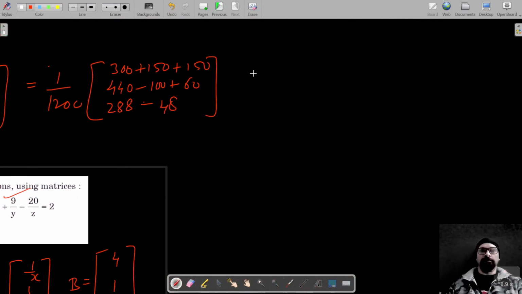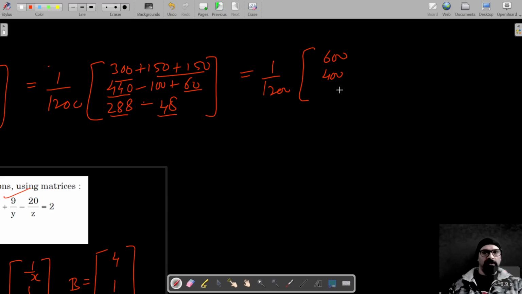Okay, first element is 300 plus 300, which is 600. 440 plus 60 is 500 minus 100 is 400, and 288 minus 48 is 240. So 600, 400 and 240 have to be divided by 1200 each.